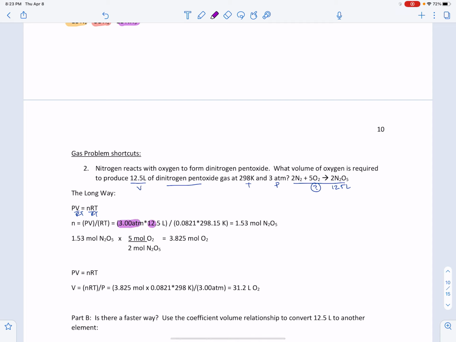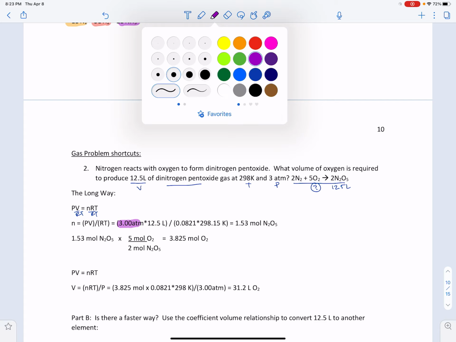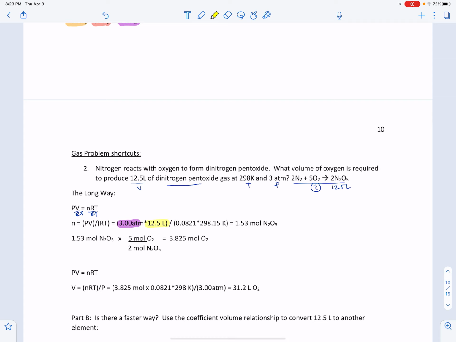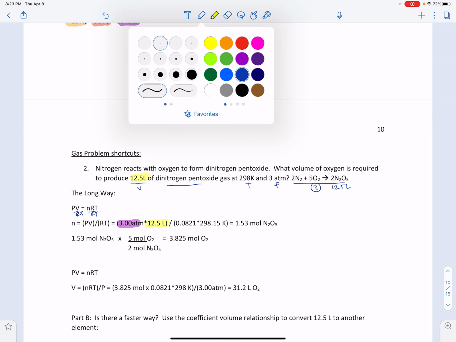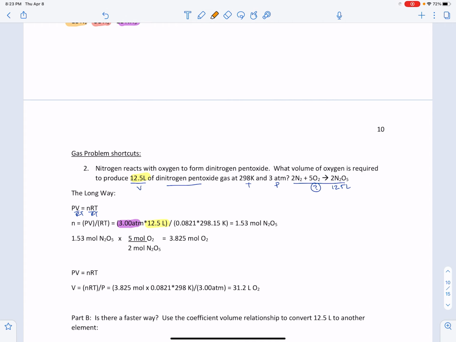We have our 12.5, which is our liters. Our 0.0821, you know all about that one. And here is our Kelvin value. So all that's from the problem. All the problem numbers are in there. When you put it in your calculator, you're going to get 1.53 moles of that.